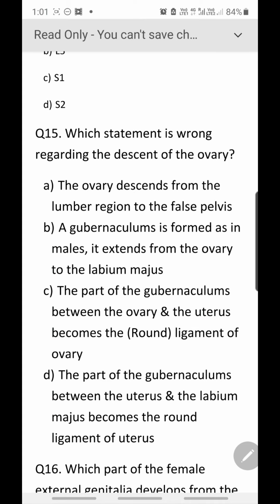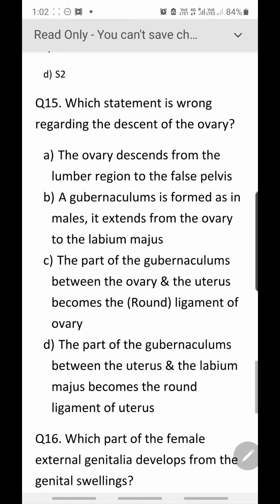Actually, it's for you to learn what happens with the gubernaculum in females, because all the other choices B, C and D are correct, and you have to find out the wrong choice. So remember that this is the answer you had to select, because the false pelvis does not contain the ovary. The ovary descends into the true pelvis. Okay. This question was to learn the rest of the choices.